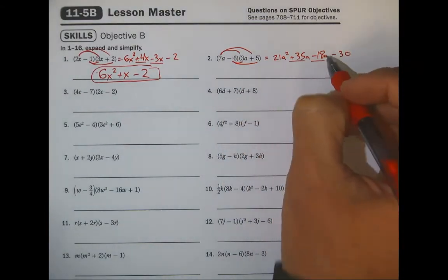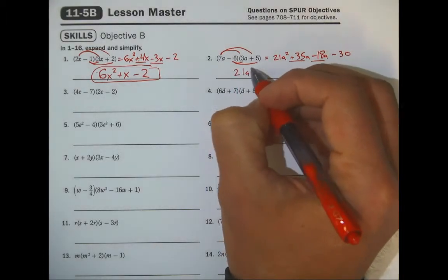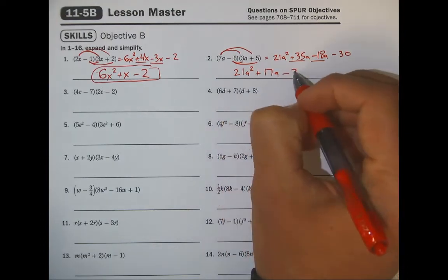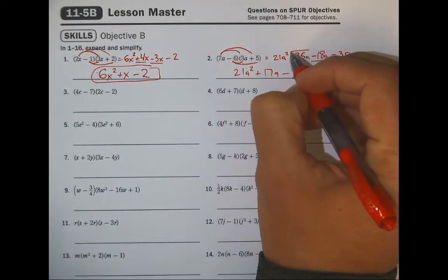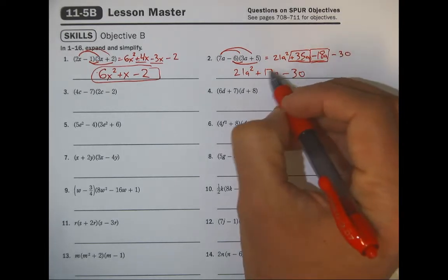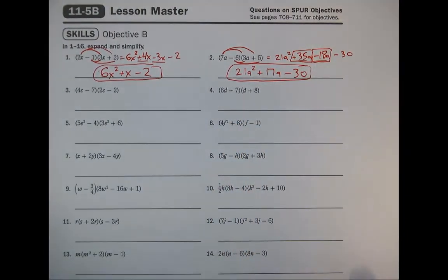So the middle terms will combine, and that is 17a. So bring down 21a squared, positive 17a minus 30. So I just did 35 minus 18 to get positive 17a for my middle term there.